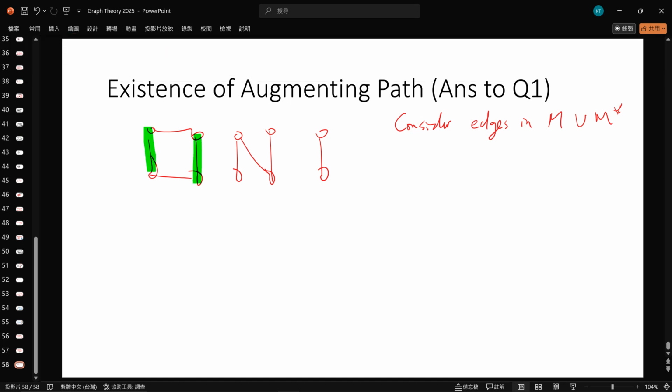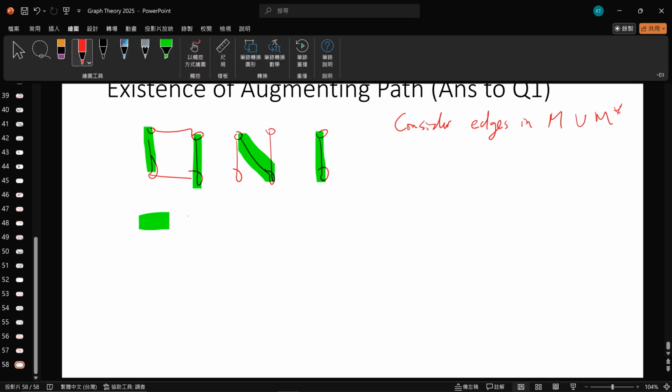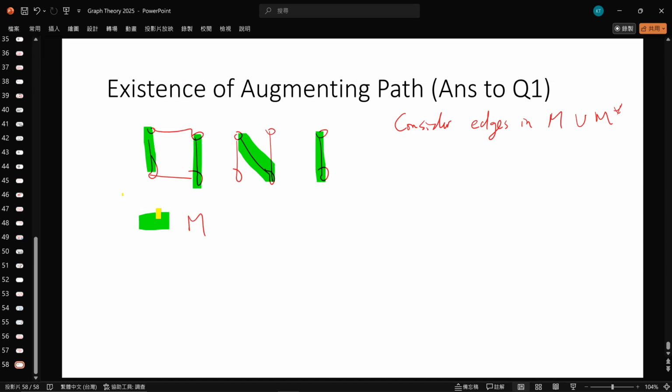So this is one example. The green edges are edges in M, and the yellow edges are edges in M star. Both matchings can share edges, like this one, which is in both M and M star. And they can also form a cycle, an alternating cycle.